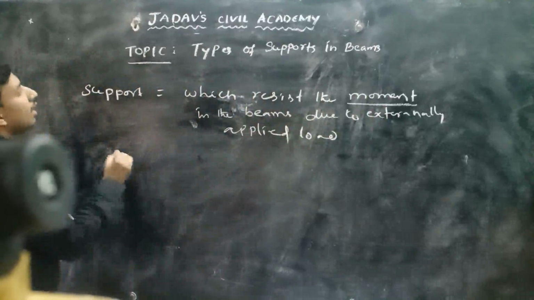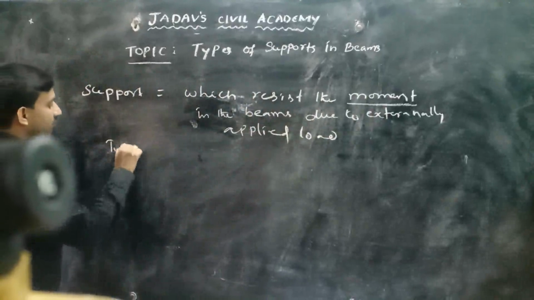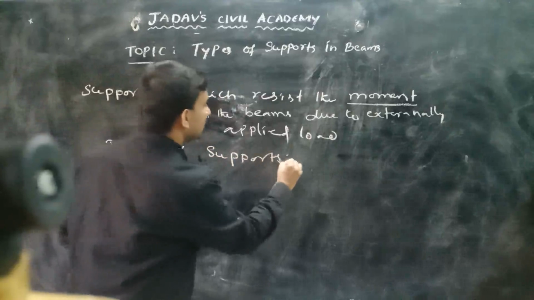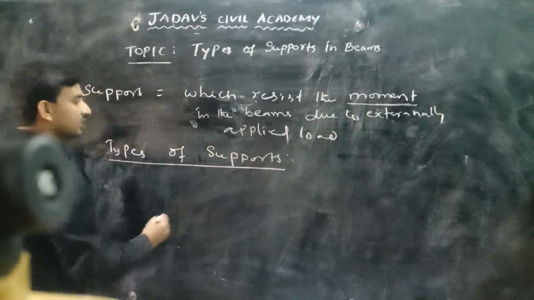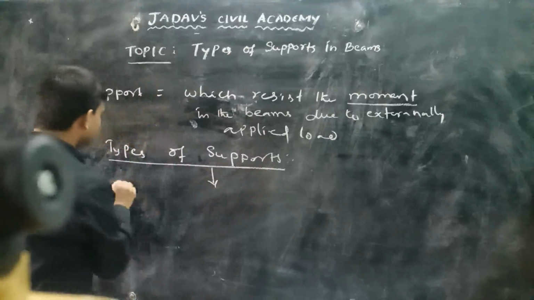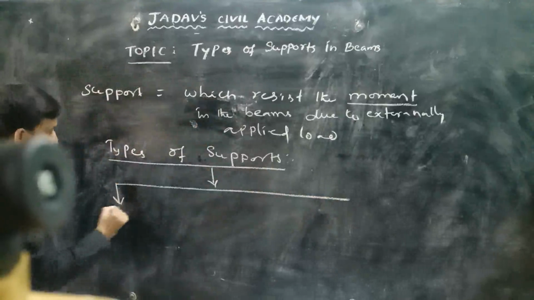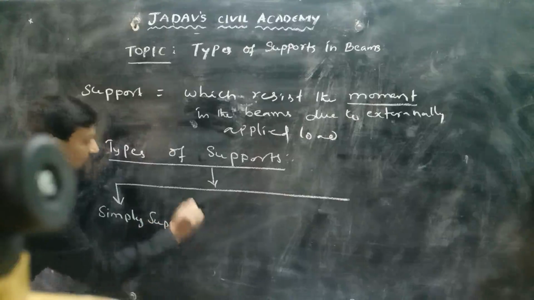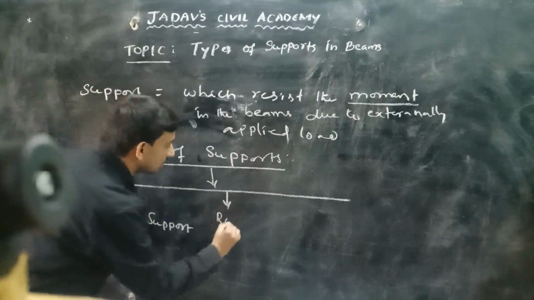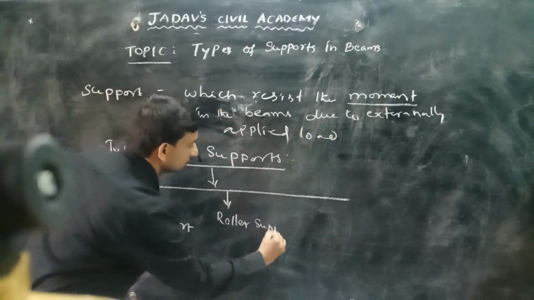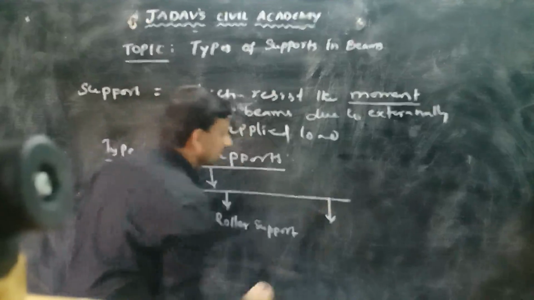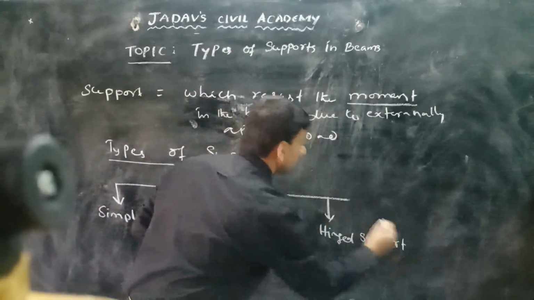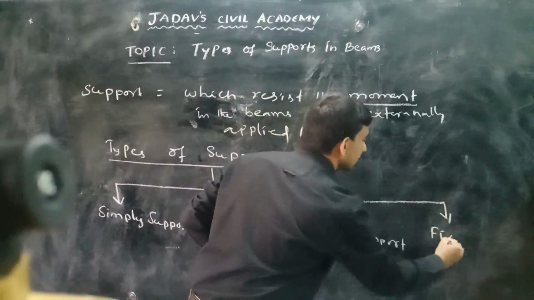So let me classify the types of supports. These are basically four types. One is a simple support, or you can say free support, second one is a roller support, third one is a hinged support, and finally the fourth one is a fixed support.